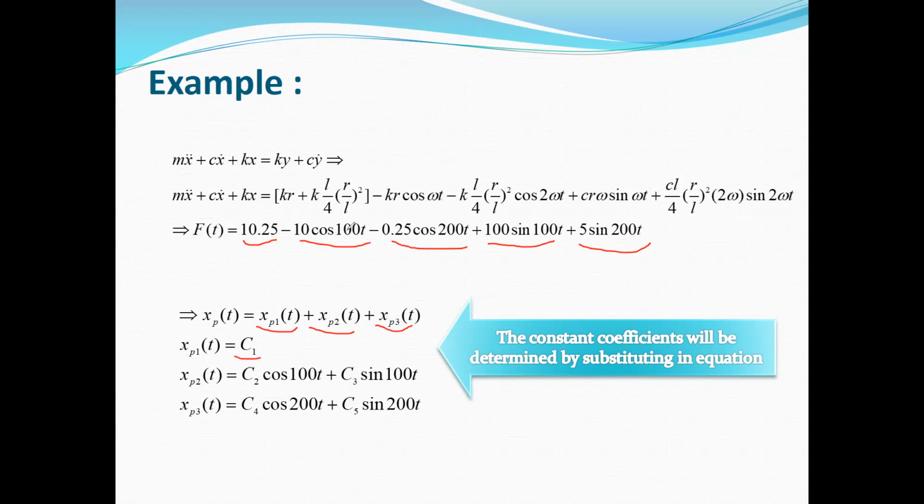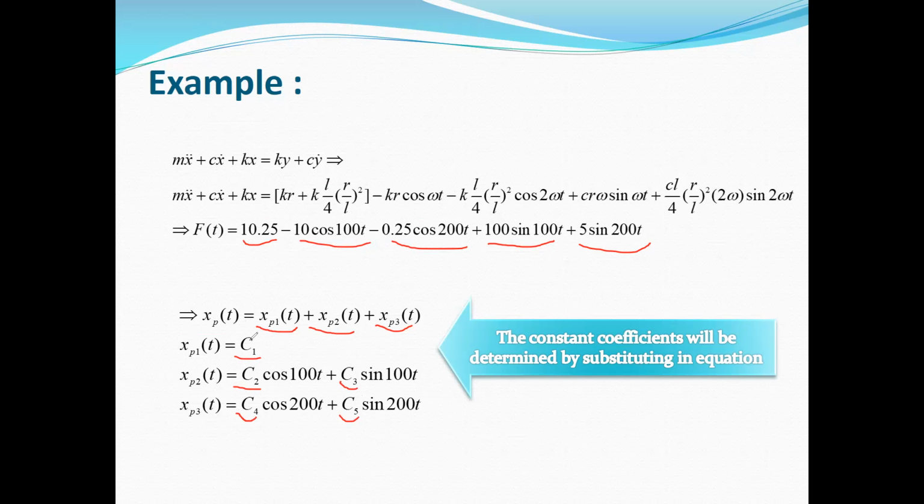The particular response for the harmonic 100t is equal to C2 times cosine 100t plus C3 sine 100t. And finally, xp3, or the third particular response, is a combination of harmonics with frequency 200 with constant coefficients C4 and C5. We need to obtain C1 to C5 by substituting into the main equation.